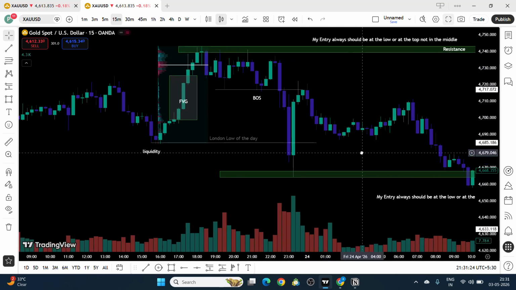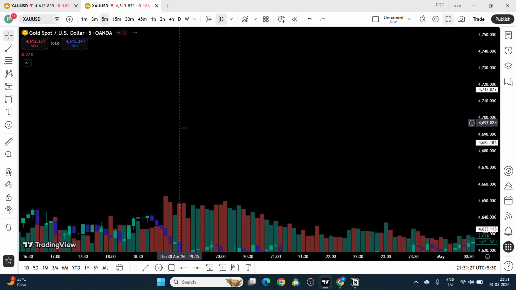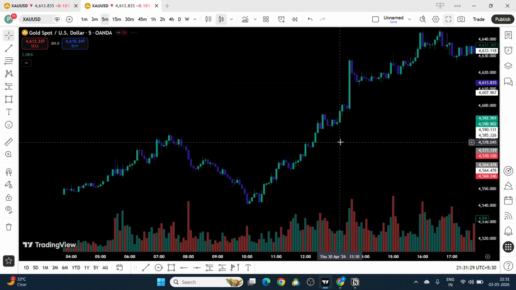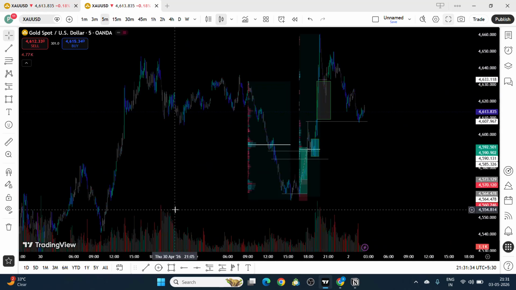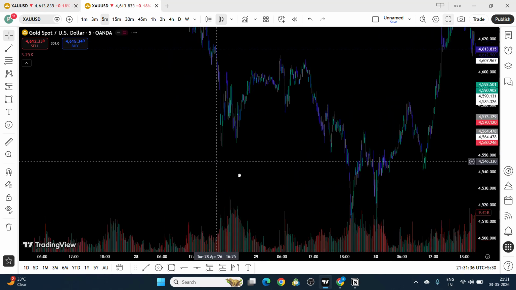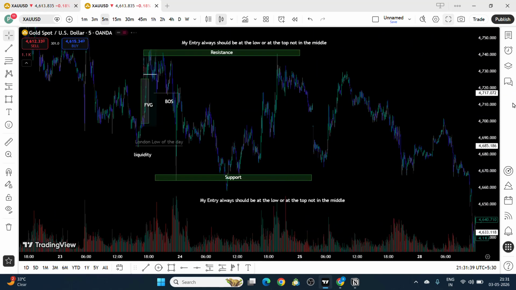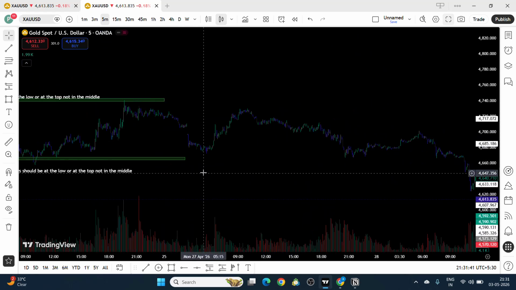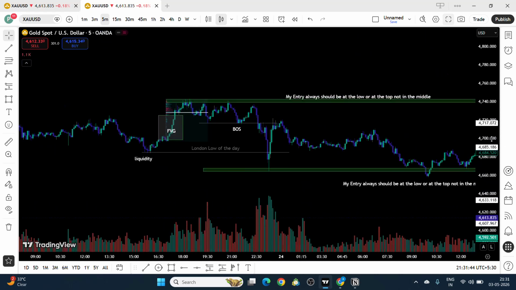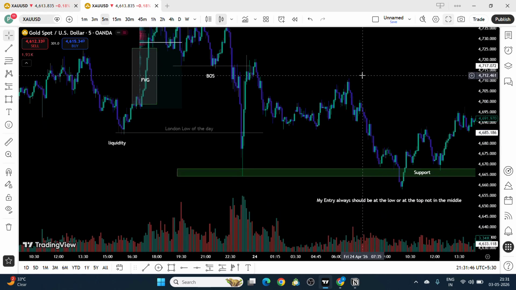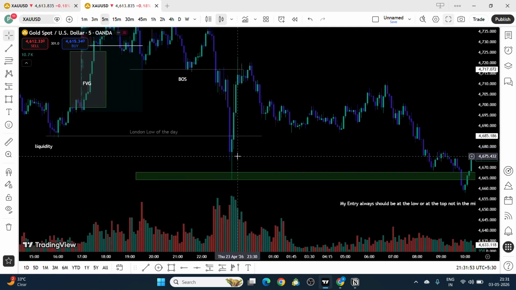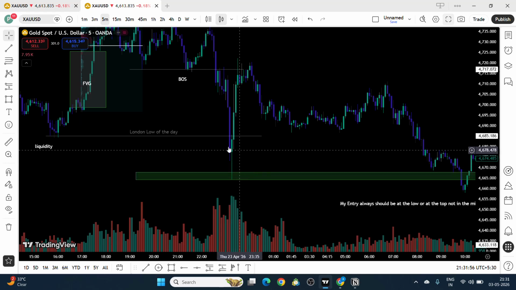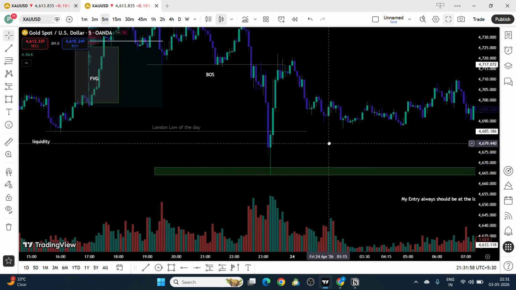Another way, if I see the same thing in the 5 minutes candle, I want to say this in the 5 minutes chart. I see this London low has been taken and it's pushed down, and there is a big wick here, almost 60% of the wick.